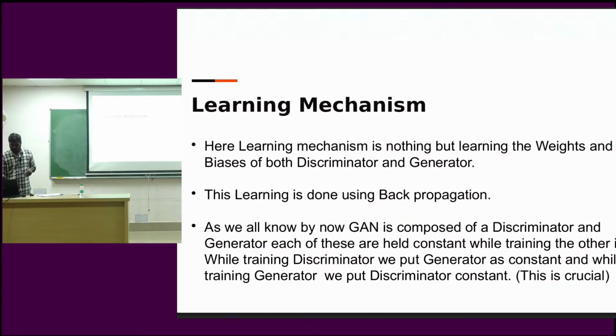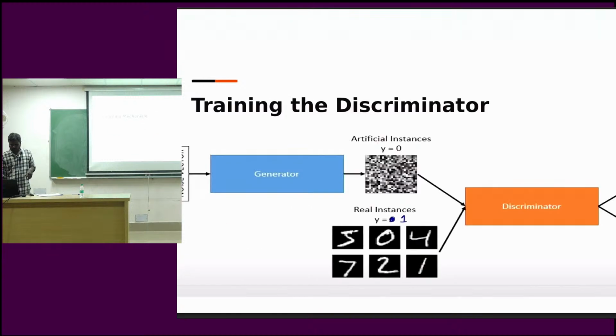What we do is that in a particular iteration we fix the generator parameters and update the discriminator parameters. In the next iteration, we fix the discriminator parameters and update the generator parameters. This way you can do the training of the GANs.